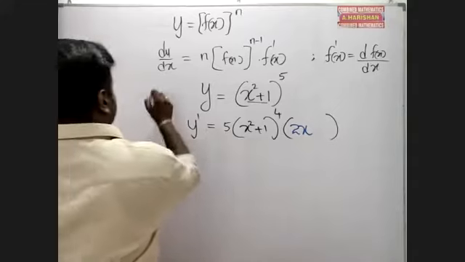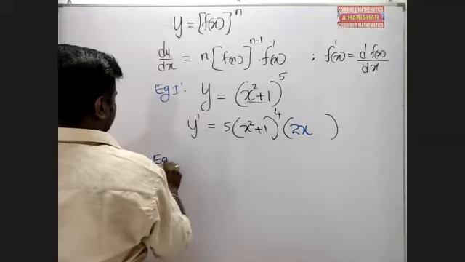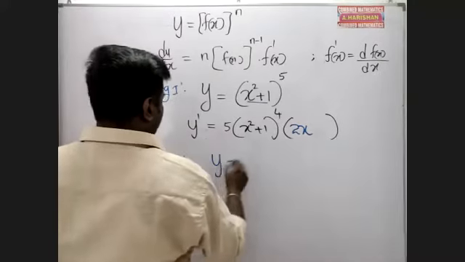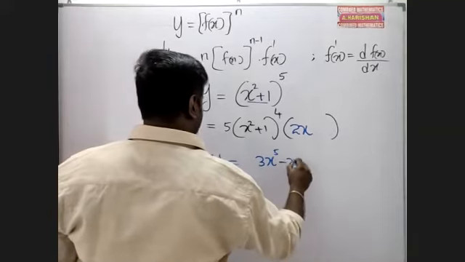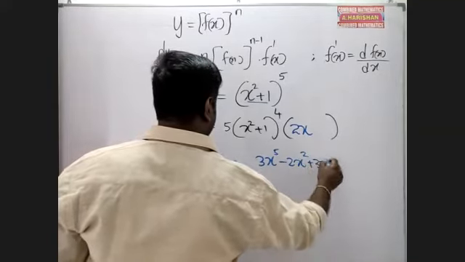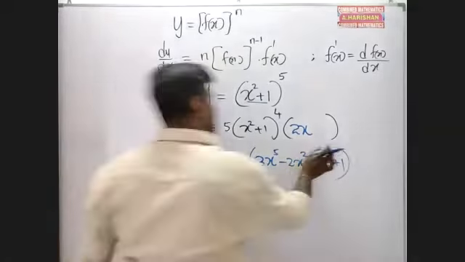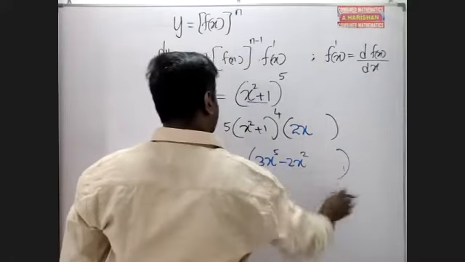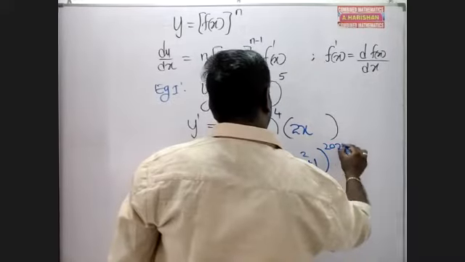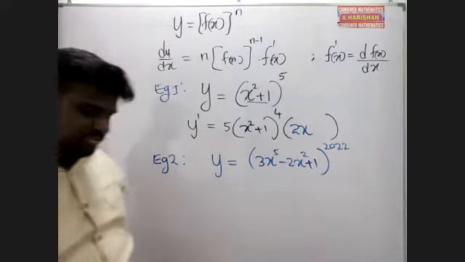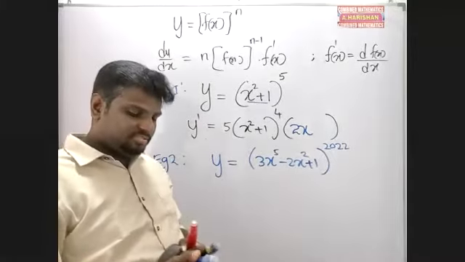Example 2. So this is EG1, and this is EG2. Say y equals, this time, 3x to the power 5 minus 2x squared plus 3x plus 1, to the power 2022.